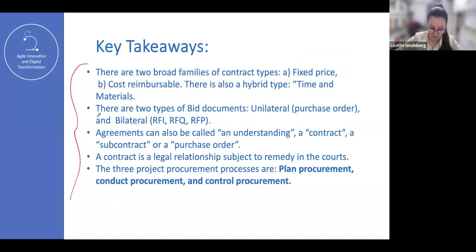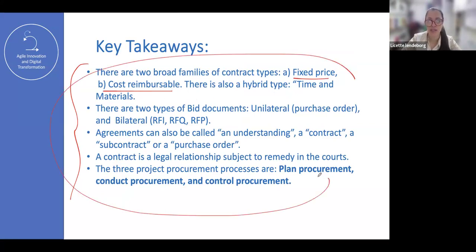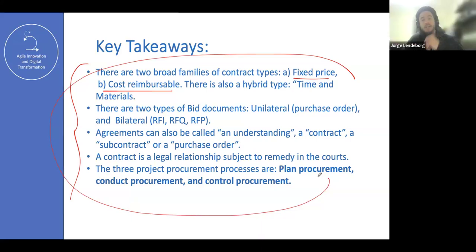Yay, we finished. And now I will be able to present the example and finish the class for today. Key takeaways. There are 2 broad families of contract types: fixed price and cost reimbursable. Okay, Mr. George, can you help me reading the key takeaways and we finish the procurement after that? Absolutely, I can do that.